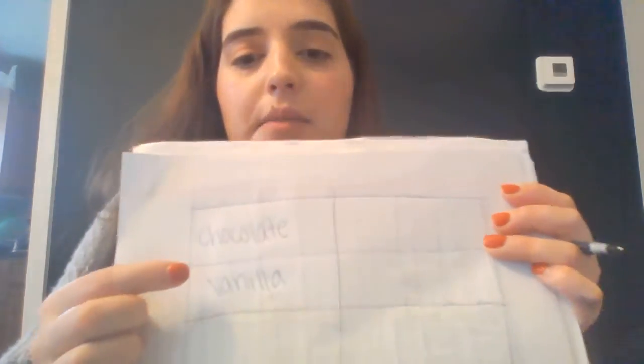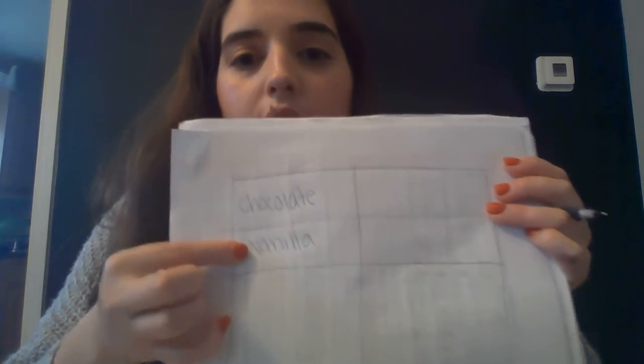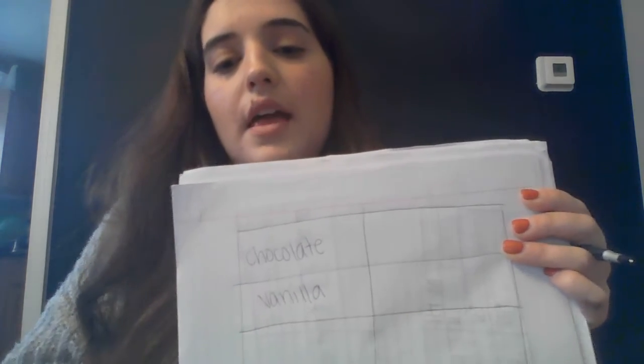And then again, you want to list your flavors. So we had chocolate. And then I'll just do vanilla just to give you guys an example. So as I'm making it, it might look something like this. I'm listing the flavors, and then I'm going to make a symbol to show how many votes it got.